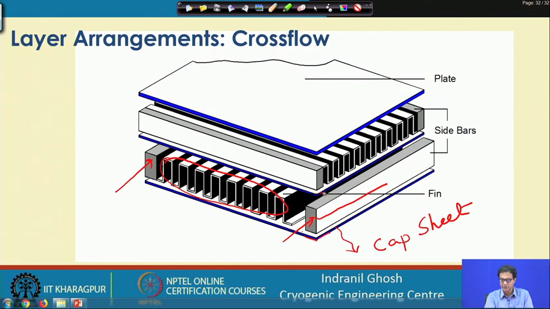Then we have another layer of plate, and then we have the sidebar arranged on this side, and this is another fin. It may be of a similar type or it may be of a different type. Then we have another plate, and on top of it again we have this kind of fin arrangement.